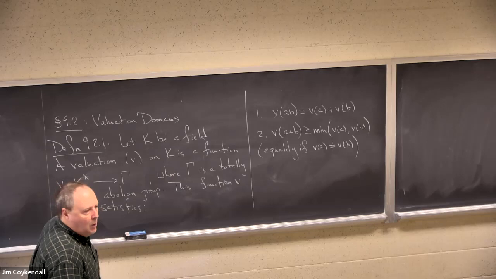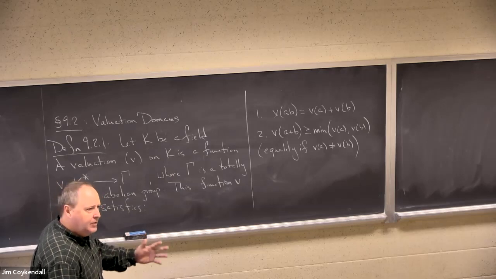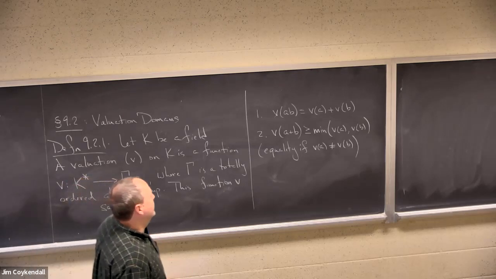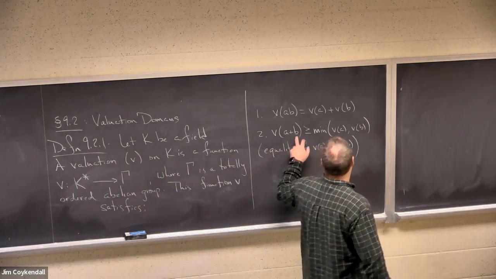It's possible to have equality when the values of A and B are the same, but sometimes yes, sometimes no. But if the values of A and B are different, then you have equality.